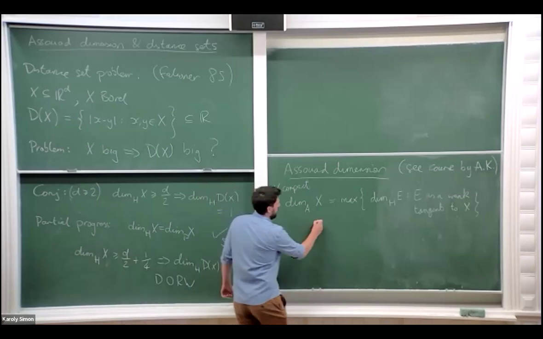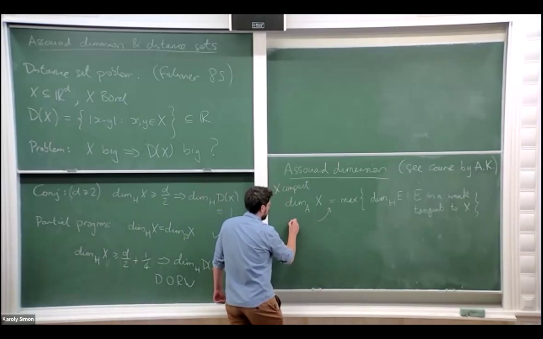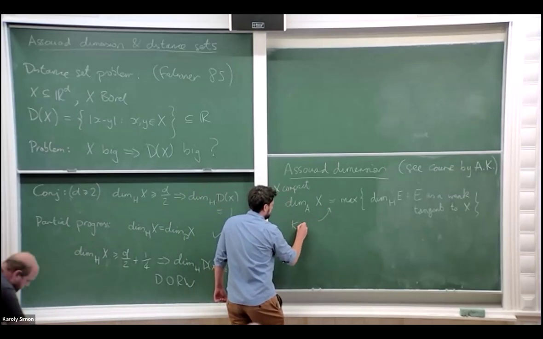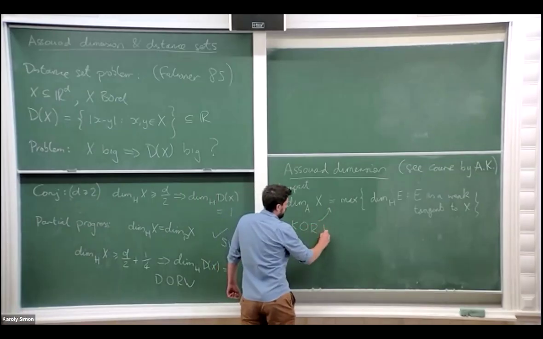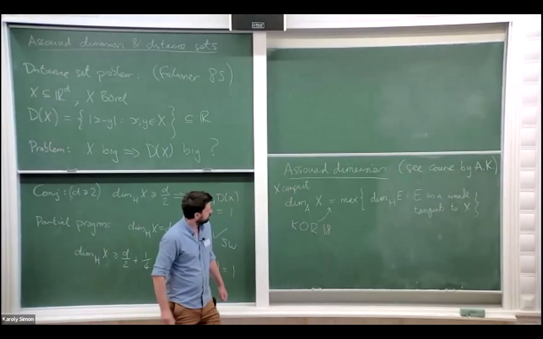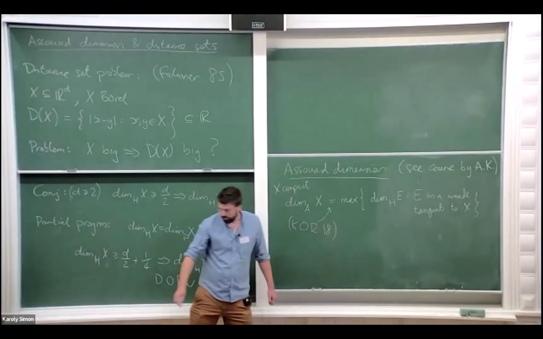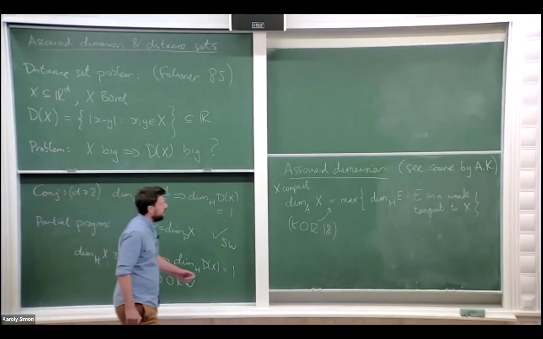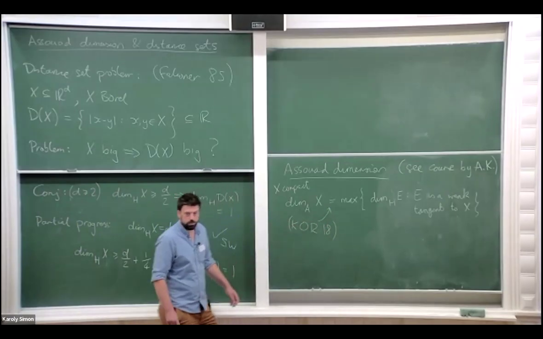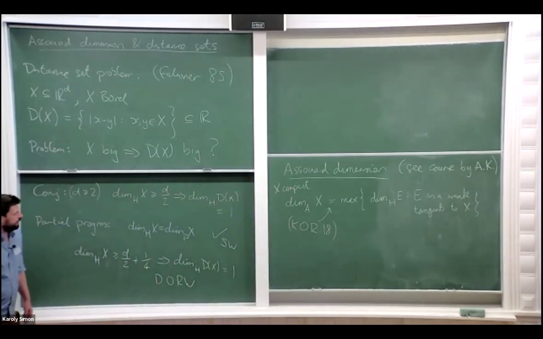So this definition is actually a theorem due to Kanmäki, Ojala, and Rossi from 2018. Clarence gave you the original proper definition of Assouad dimension, and it's a non-trivial theorem, due to Kanmäki, Ojala, and Rossi, that the Assouad dimension, in fact, can be defined like this.